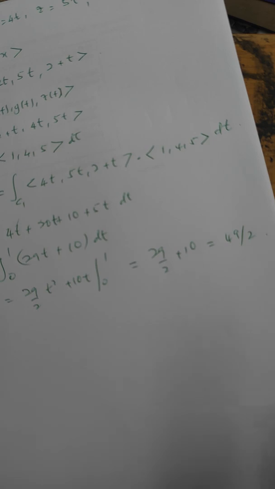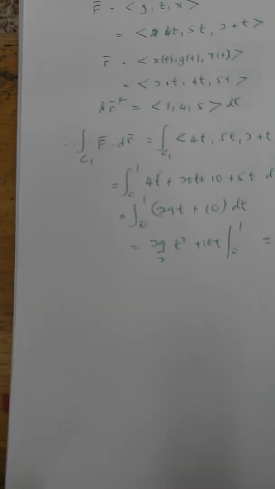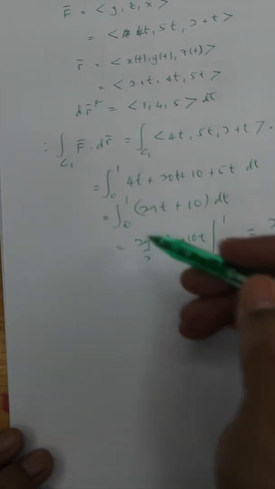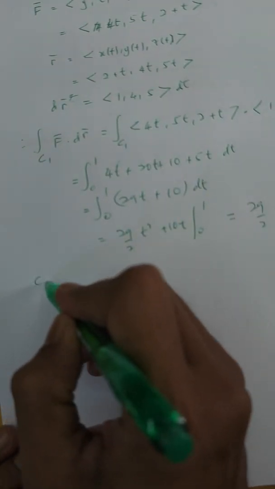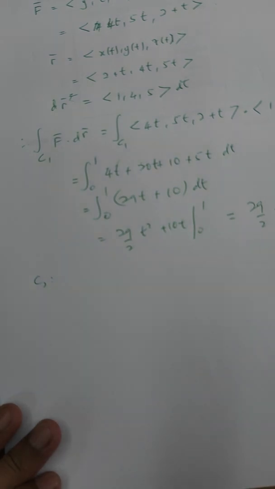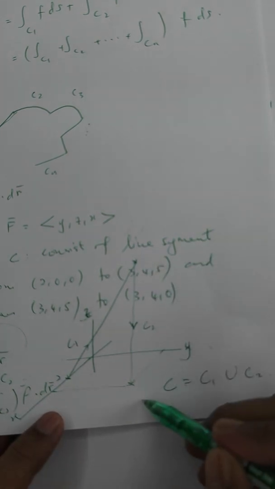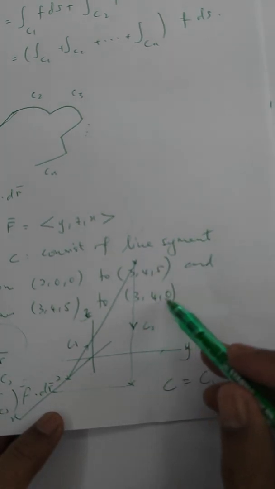So you need to evaluate along C2. For C2 we have our curve from the point 3, 4, 5 to 3, 4, 0.